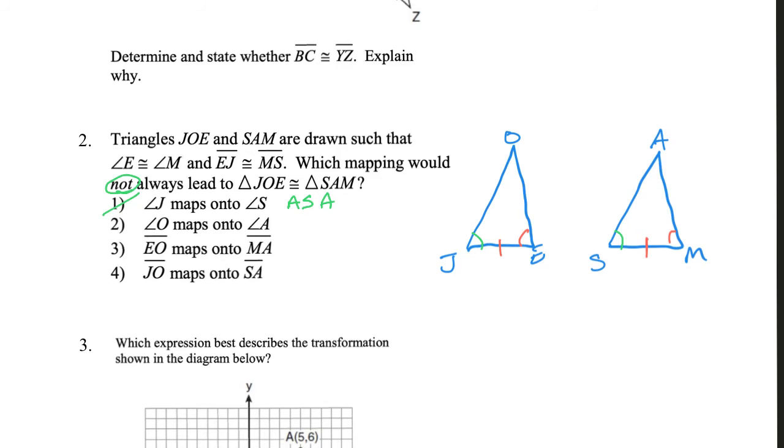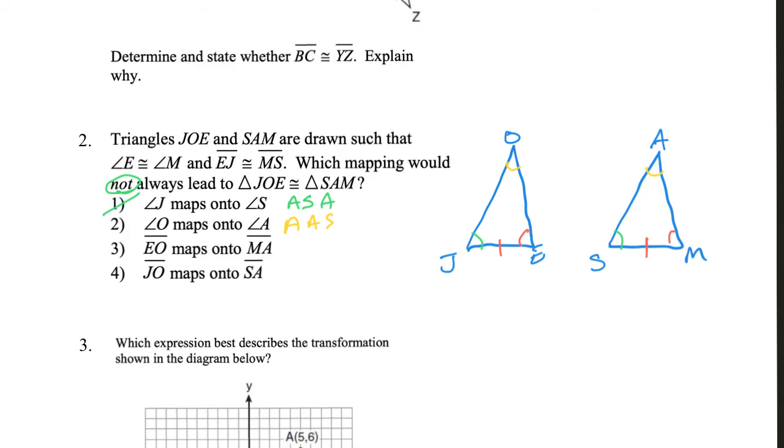So choice 2, do it in yellow. O maps onto A. That gives us angle, angle, side on both of these triangles. Angle, angle, side. So that's another one that is on our list that tells us congruence. Next one, EO maps onto MA.